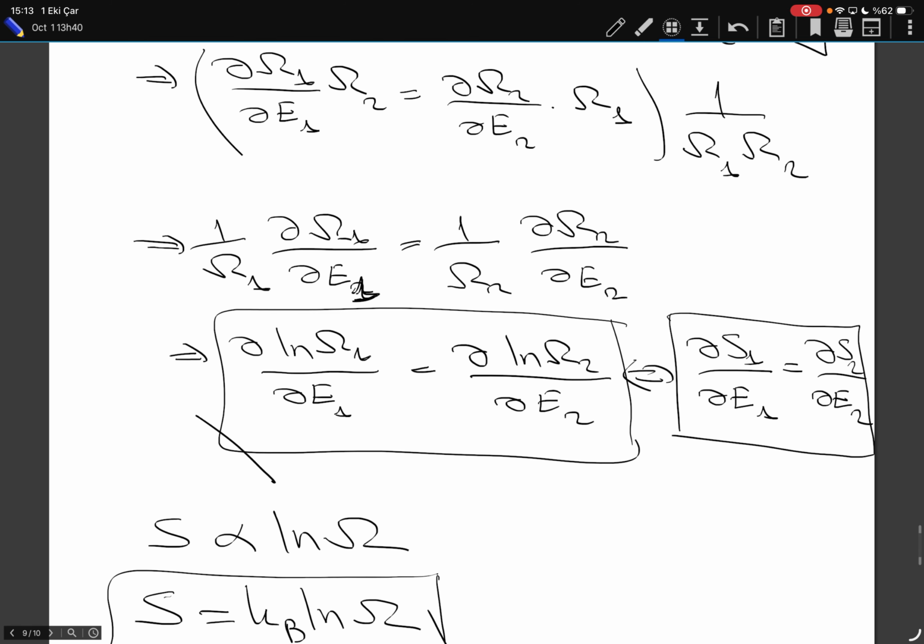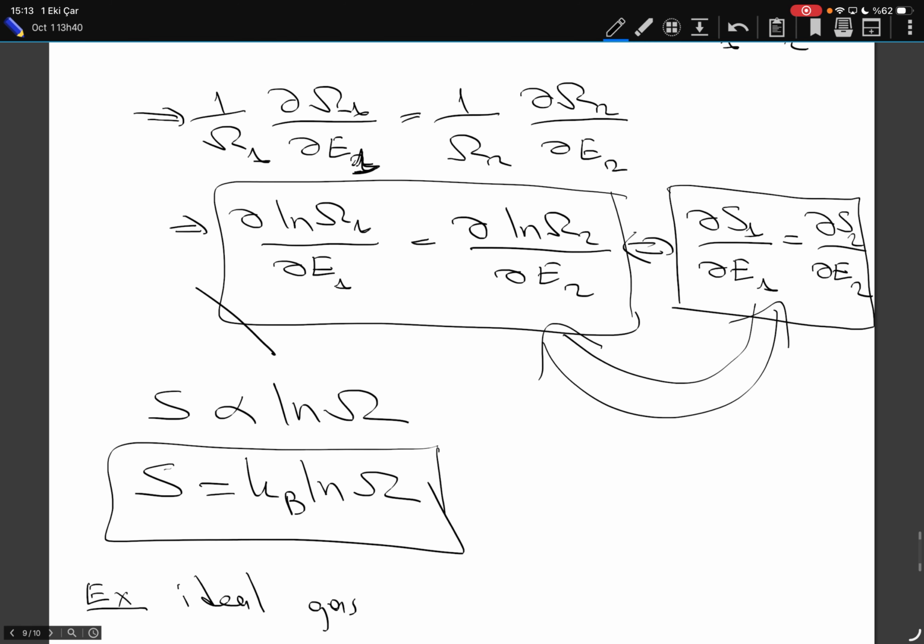Then I saw this similarity between the result I obtained and the thermodynamic relationship I have for equilibrium, which allowed me to make a guess that S should be proportional to the logarithm of the number of microstates.